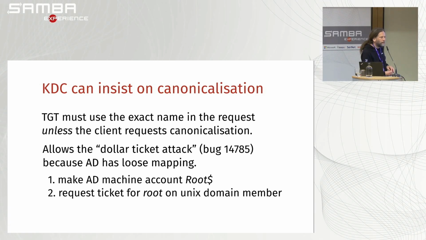In Windows, all clients automatically set canonicalization. I don't think they have a mechanism to disable that, so they always send in canonicalization. But on the Linux side, both Heimdall and MIT have this configurable, and by default, it's not set to canonicalize. So you have to set this yourself in the configurations.